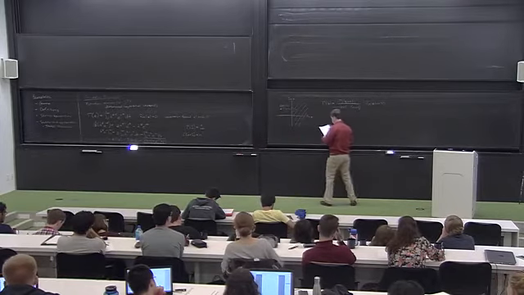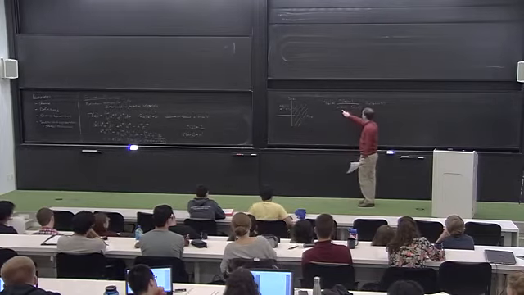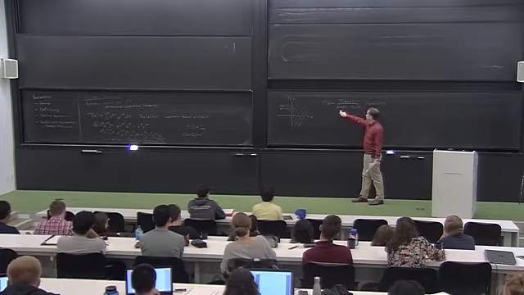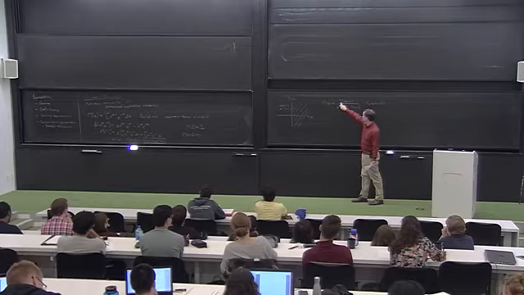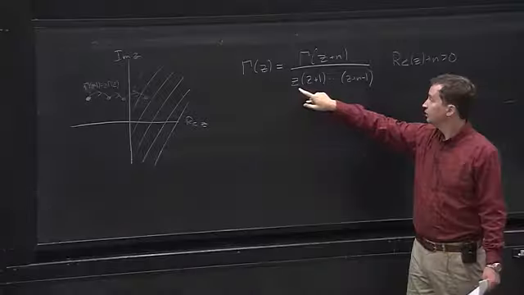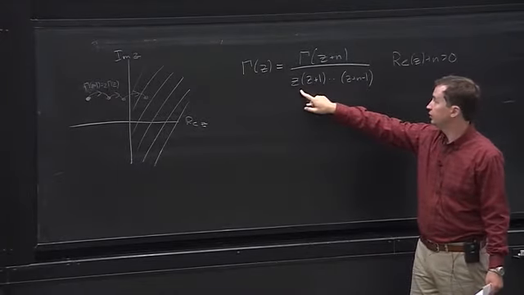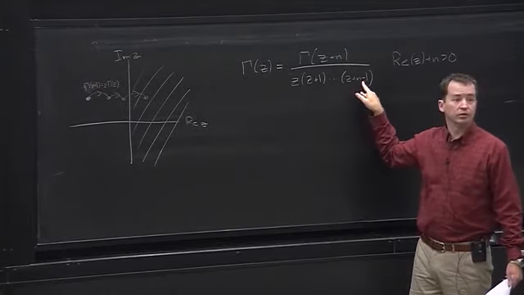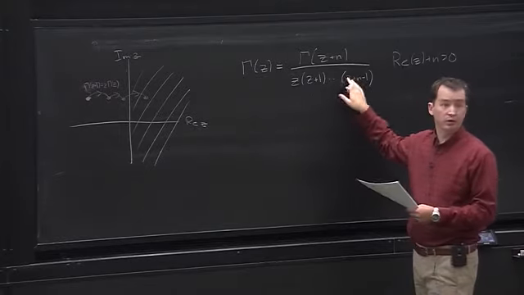So, from this relation, together with the fact, which I'm not going to show, that gamma has no zeros, suggests that there are poles at the negative integers and 0.